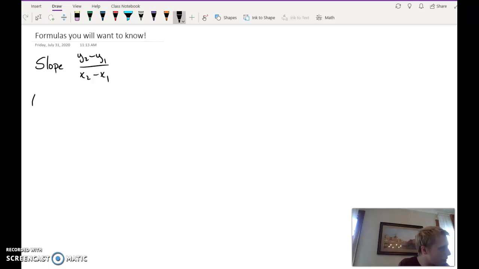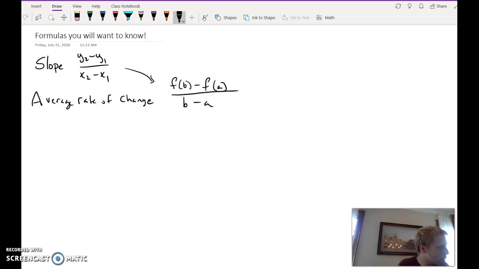Remember that this is the same formula that we use for the average rate of change. Now, it's written a little bit differently: y2, or f of b, minus y1, f of a, over b minus a. But these are essentially the same formulas, right?